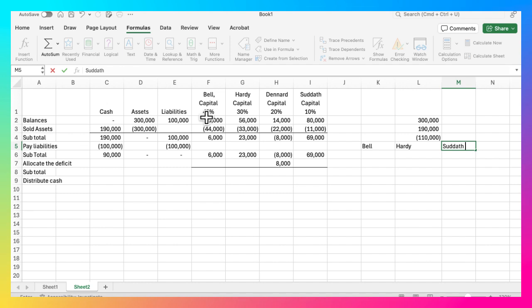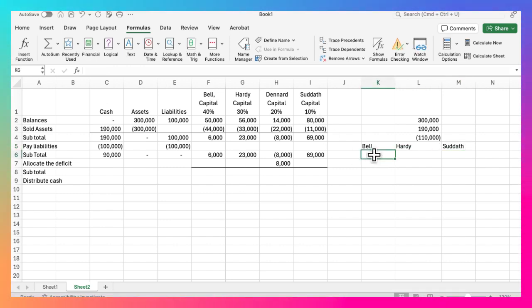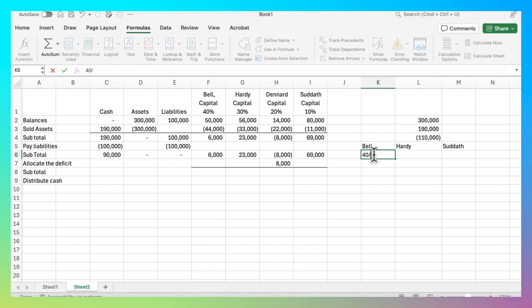So notice what we have. We have 40% for Bell, 30% for Hardy, and 10% for Sadath. All we need to do to figure out their rate is take the 40% they agreed upon for Bell and divide it not by the full 100%, because Denard's 20% is gone.